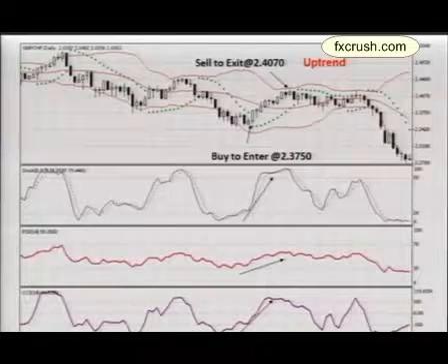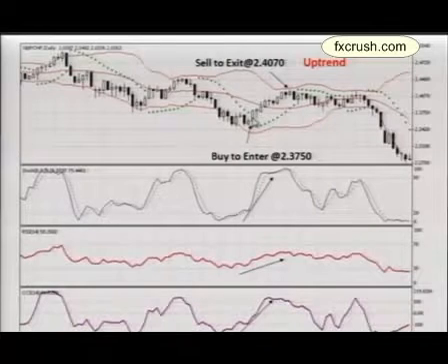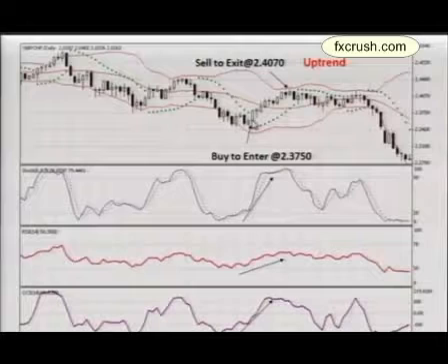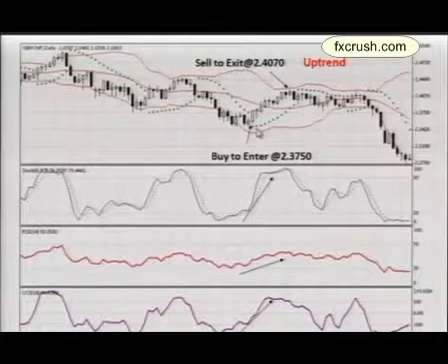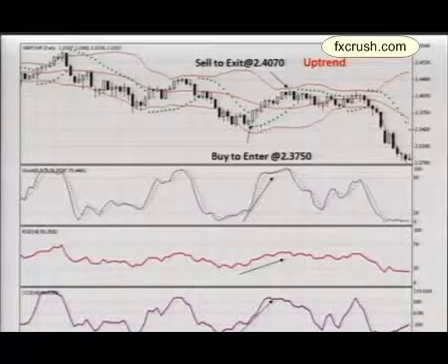Got it? So let's say today is day 1. Now I want you to pay attention to this. This is very important. Let's say this is Monday. Next day you wake up. Is the parabolic below? Yes, nothing to worry. That's Tuesday. Wednesday you wake up, parabolic below? Nothing to worry.